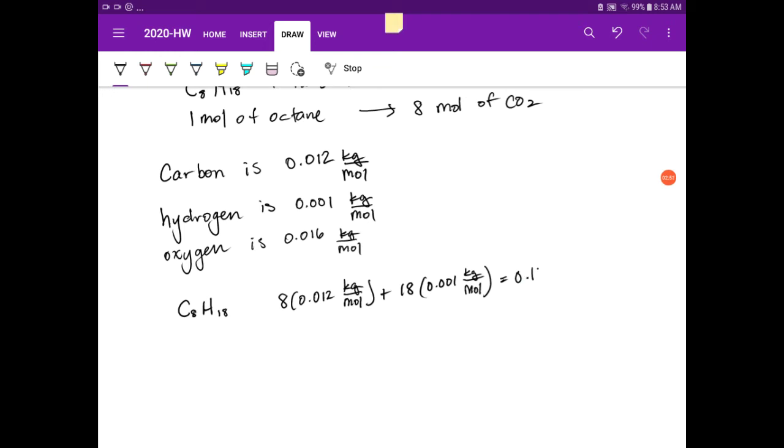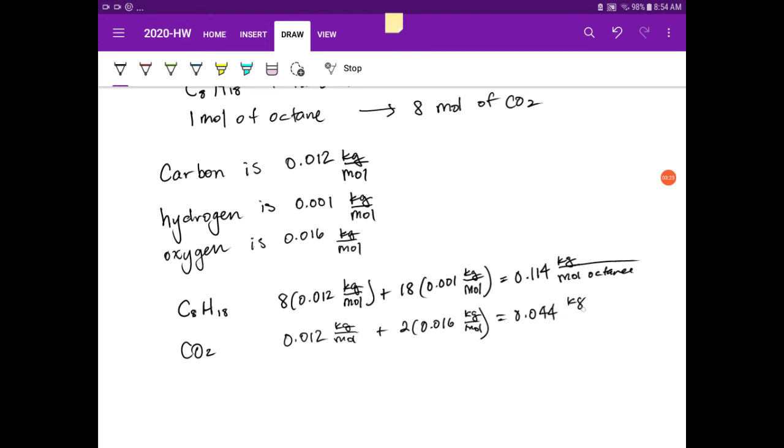And that will give me 0.114 kilograms per mole of octane. Carbon dioxide is going to be 1 of the carbons plus 2 of the oxygen, which gives me 44 grams, or 0.044 kilograms per mole of carbon dioxide.